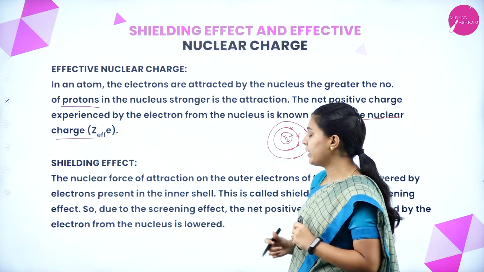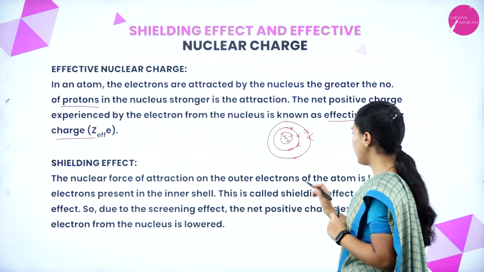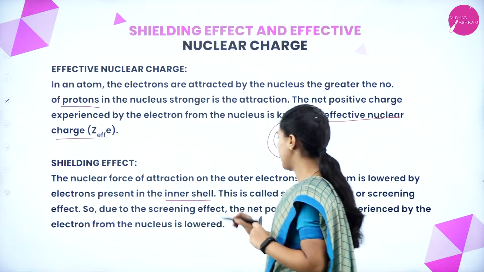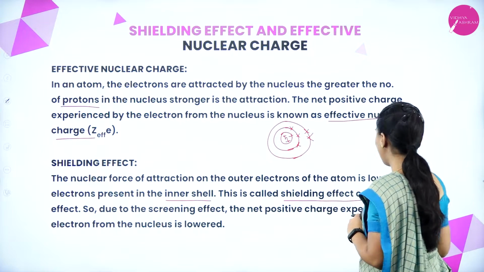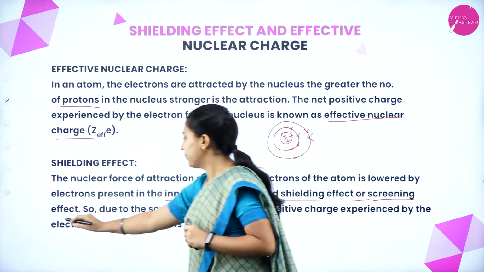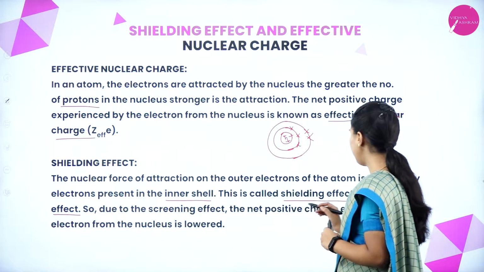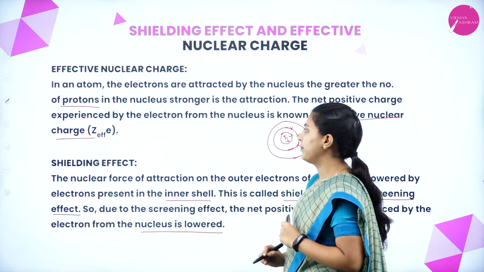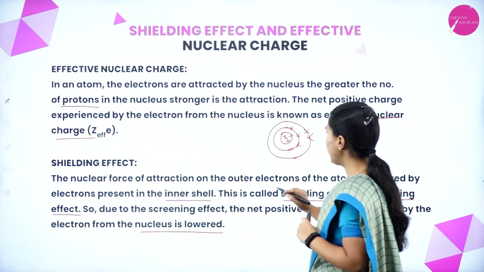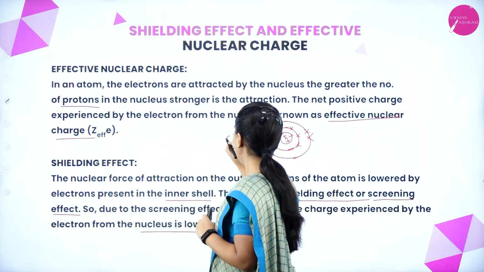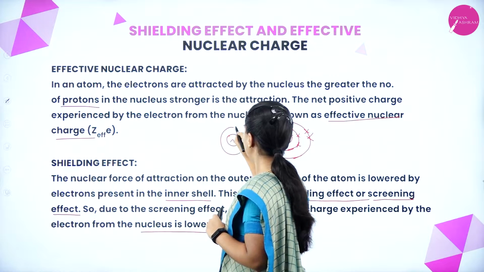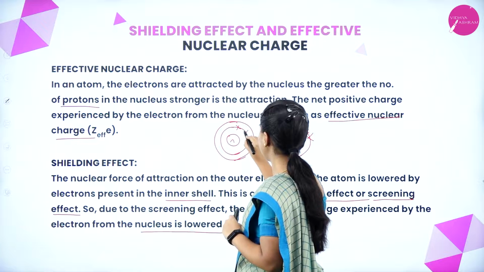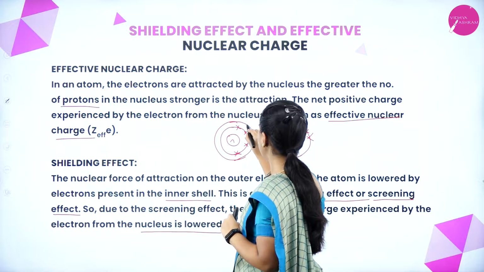We'll see the shielding effect. The nuclear force of attraction on the outer electrons of the atom is lowered by the electrons present in the inner shell. This is called shielding effect or screening effect. Due to this screening effect, the net positive charge experienced by the electron from the nucleus is lowered. We can see the same thing here. This is the nucleus, this is the orbit, and here also electrons will be present.